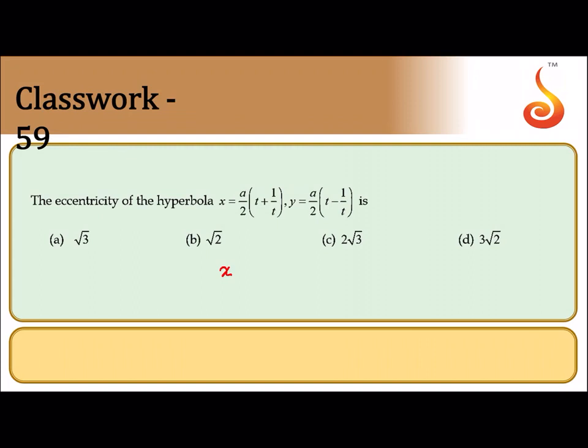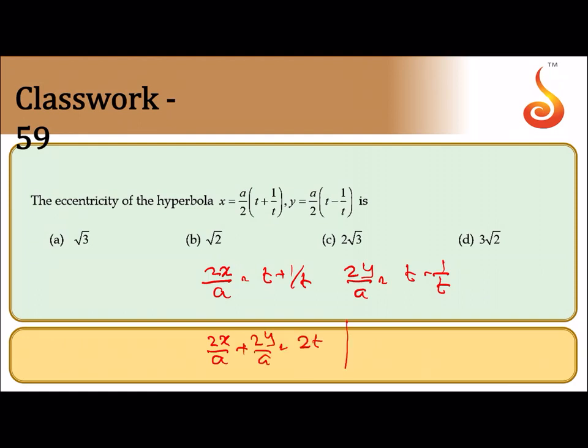59. Eccentricity of the hyperbola, you have to calculate. Basically, you have to eliminate t. So 2x by a is equal to t plus 1 by t, and 2y by a is equal to t minus 1 by t.